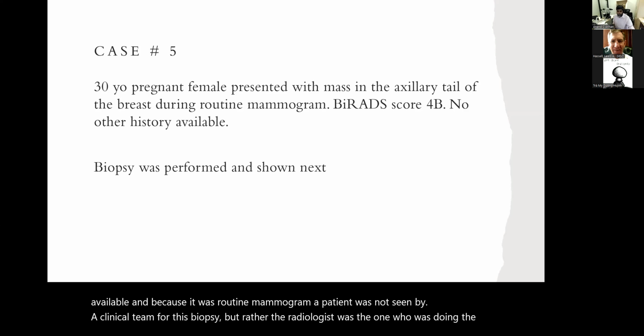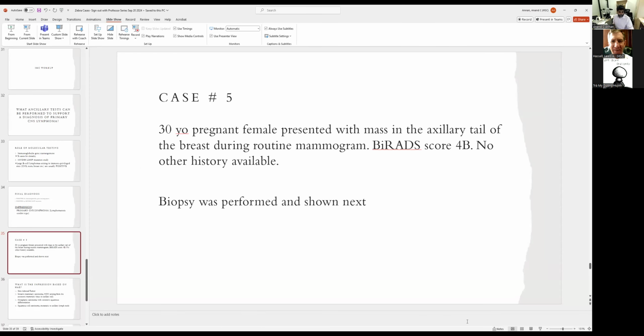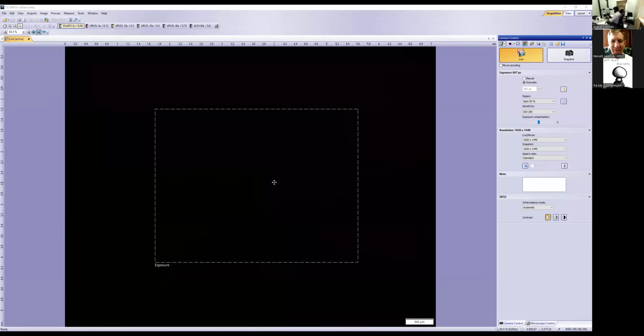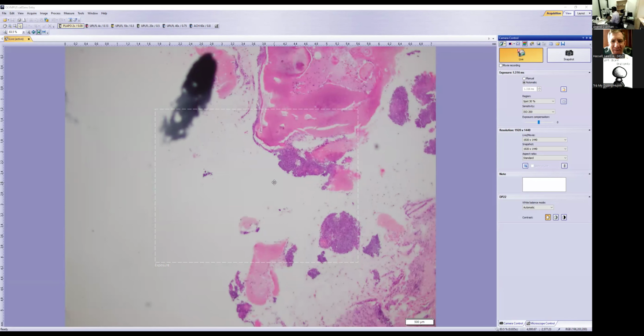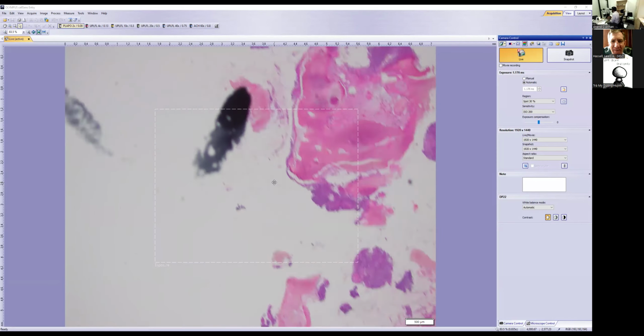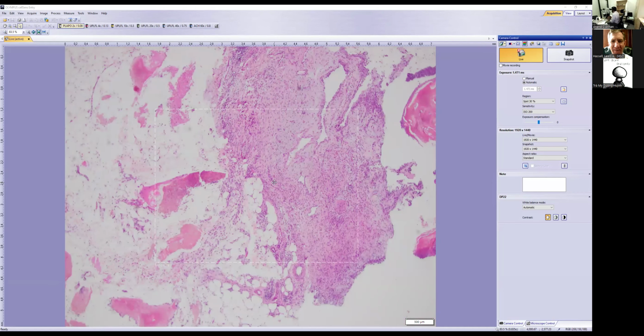So I received the biopsy of this axillary tail mass. I wish there was an easy way to share quickly. Okay, so this was fragments of tissue that we received from this biopsy.